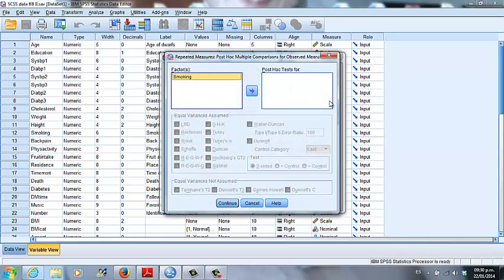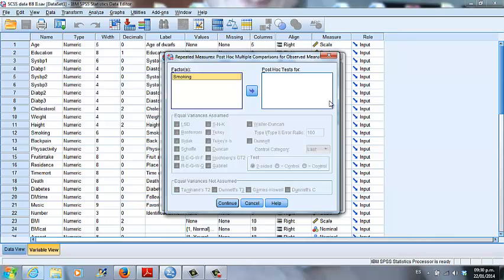We could have post hoc tests in case we have a categorical variable that has more than 2 categories. If, as in our case, smoking has only 2 categories, we don't need post hoc tests, because if there's a difference in the tendency between smoking, it means that there's a difference between non-smokers and smokers. So we don't have 3 categories, only 2, and this is why we don't need post hoc tests.